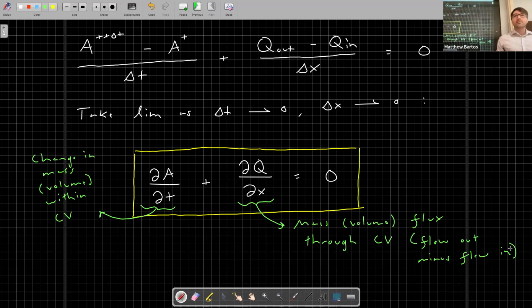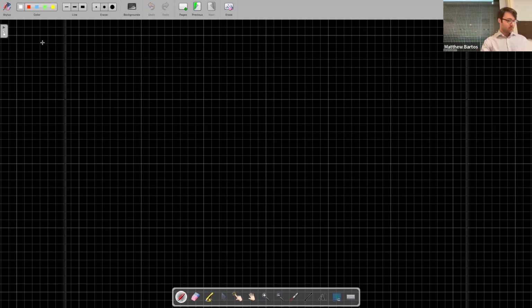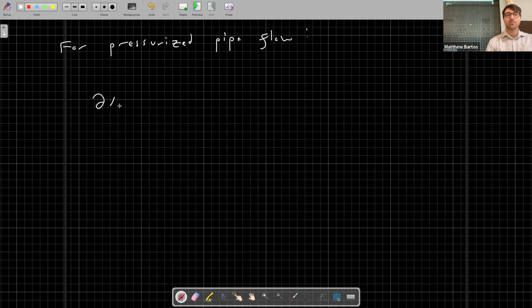How can we simplify this equation for the case of pressurized pipe flow? Let's go through each of these terms. What about dA by dt for pressurized pipe flow?